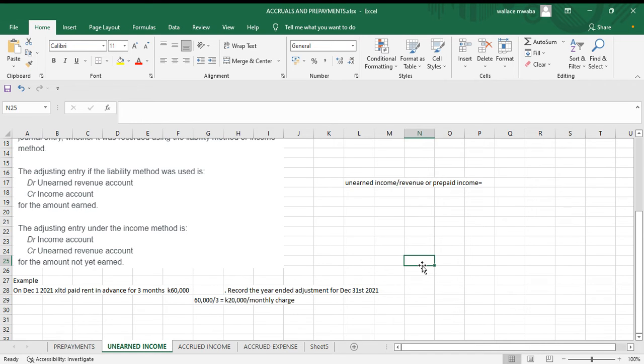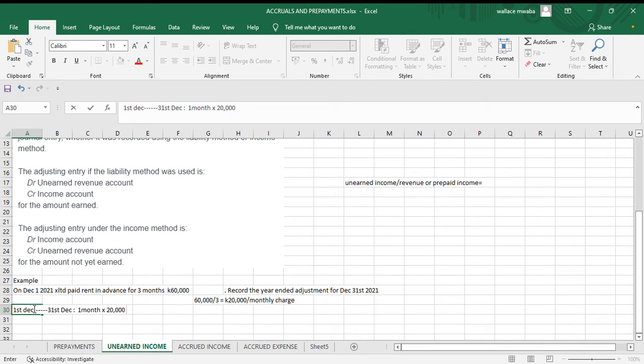Let's find out how much has been used up and how much hasn't been used up, or how much has been earned and what hasn't been earned. From 1st December to 31st December, that's 1 month times the monthly charge of 20,000. We get 20,000 kwacha that has been earned.